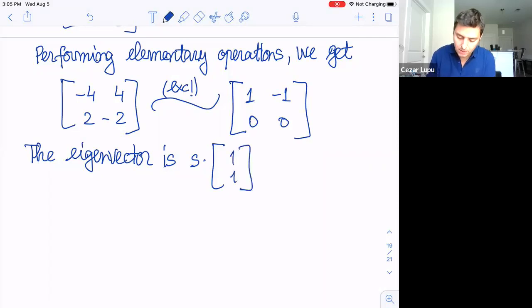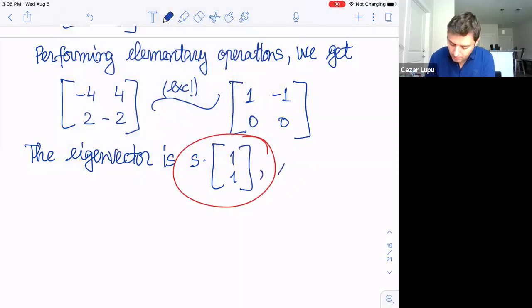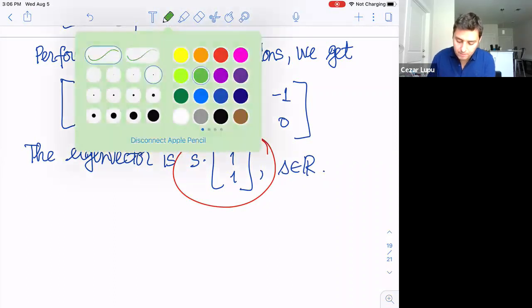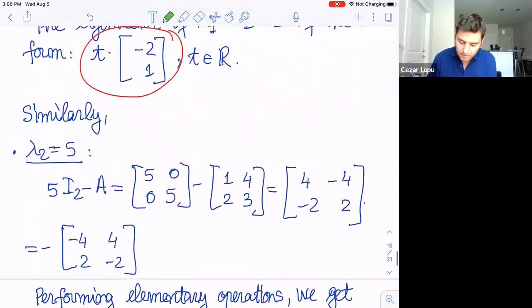So this will be the corresponding eigenvector, of course, for some s real number. Now, we know that since this is a combination, we only care about these vectors here because it's spanned by this one and by this one.